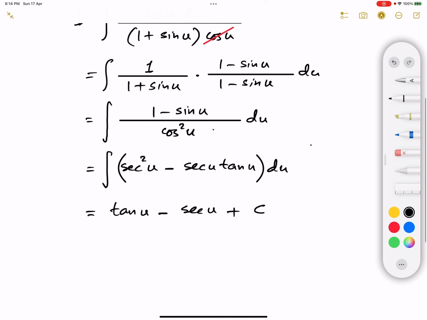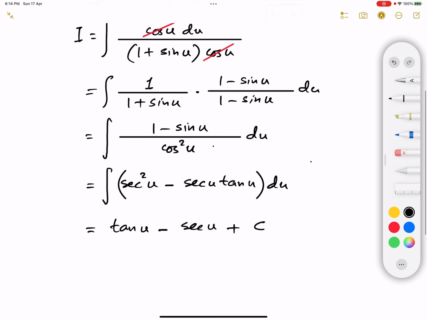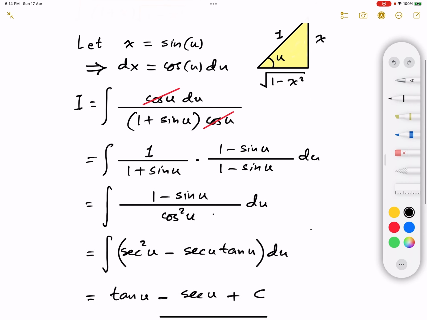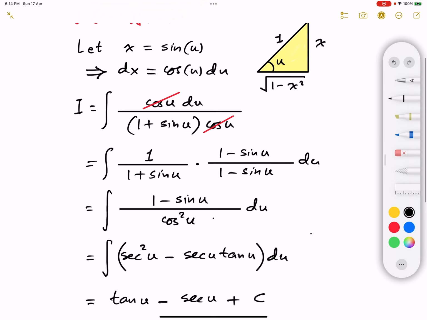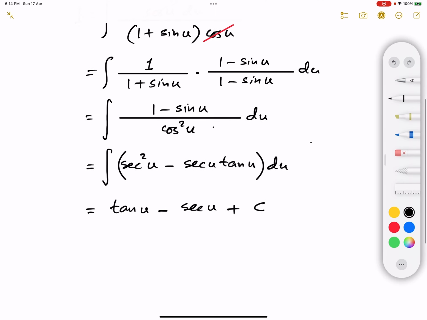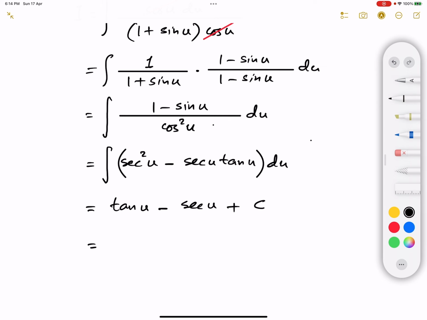Then we need to rewrite tangent of u and secant of u, benefiting from the right triangle that we have just drawn. Tangent of u is x divided by the square root of 1 minus x squared.